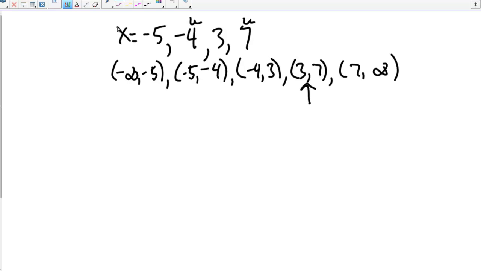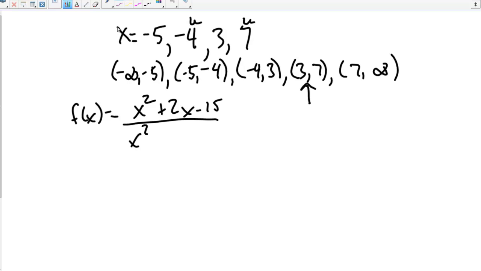We want to select some number between 3 and 7, plug it into the function, and find out our sign. So we had f of x, if you recall, just to rewrite our function here, was x squared plus 2x minus 15 over x squared minus 3x minus 28.